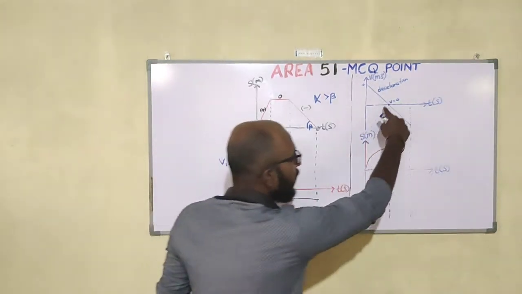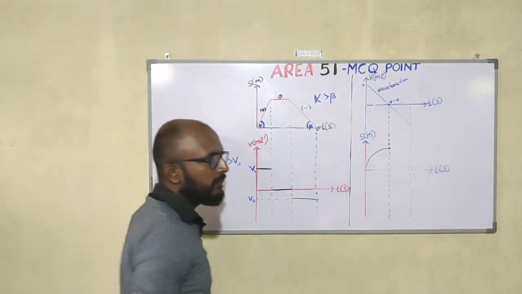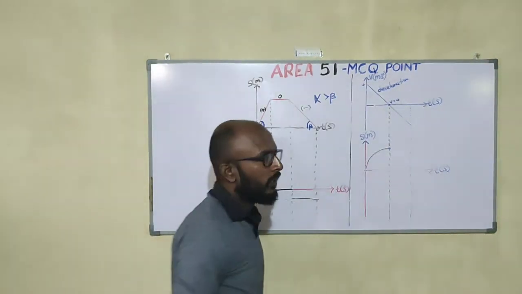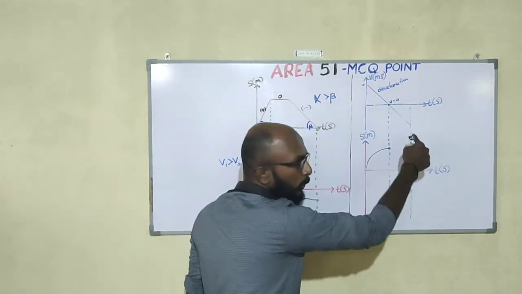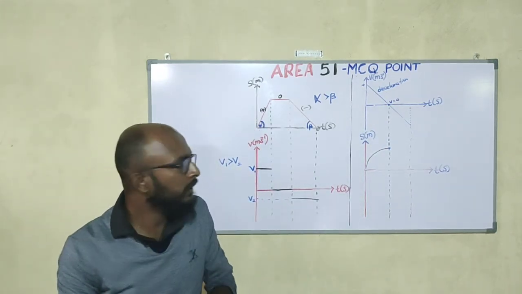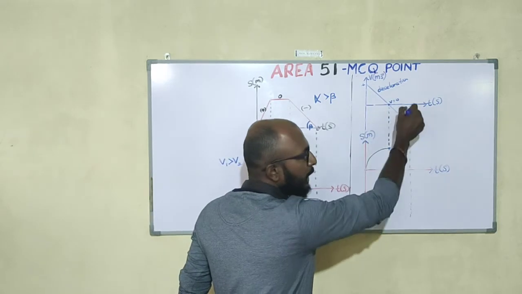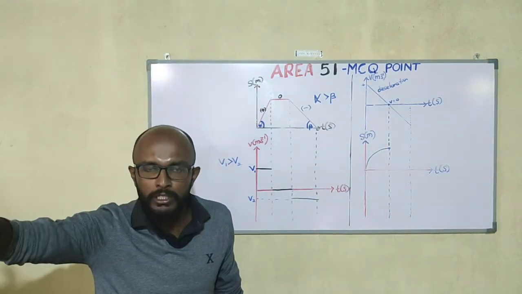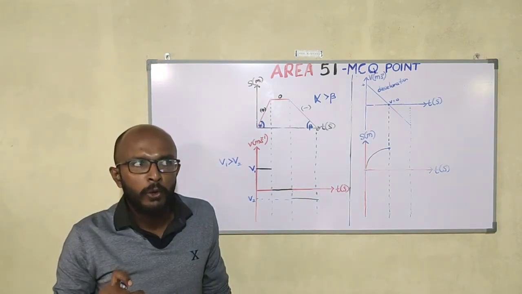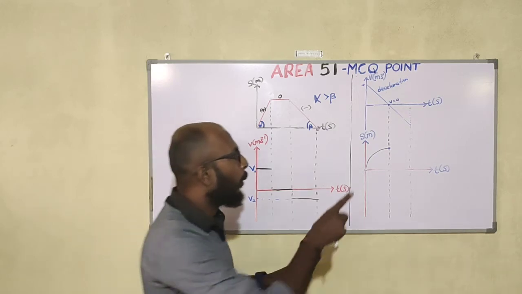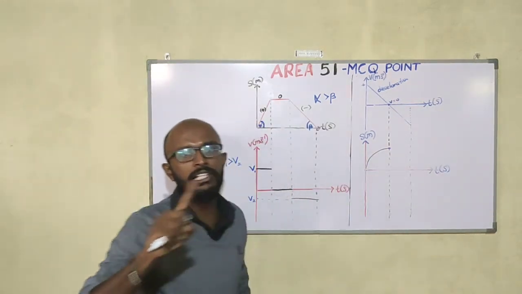Okay, so then I move to the next part. In the next part we can see the positive velocity is there, and from here to here the velocity is increasing, but this is the negative axis, so velocity is increasing in the negative direction. Velocity increasing in the negative direction means the object has changed its direction.